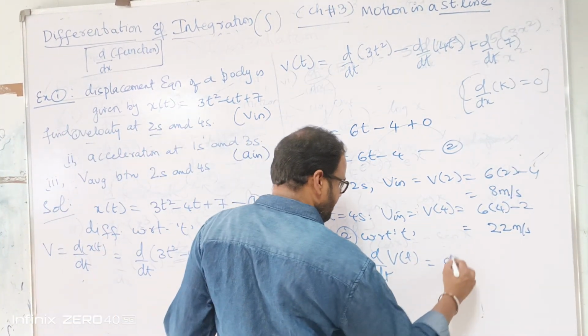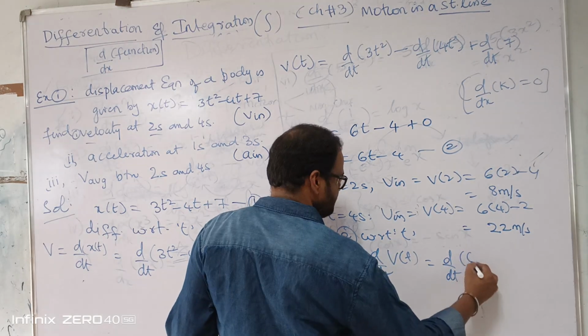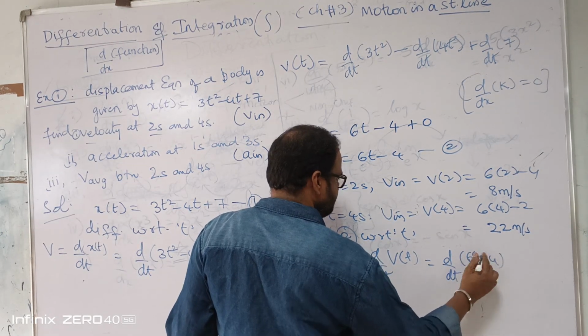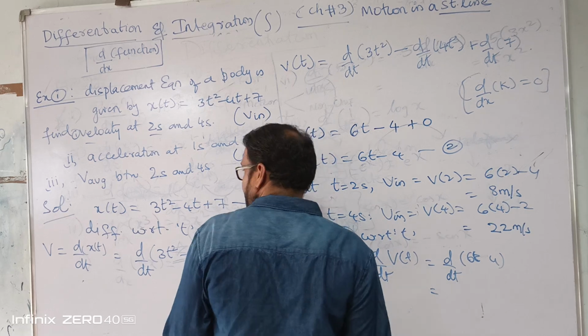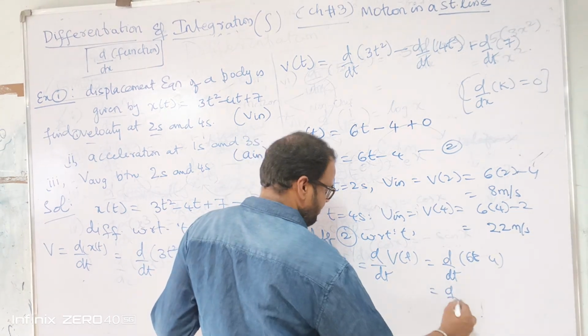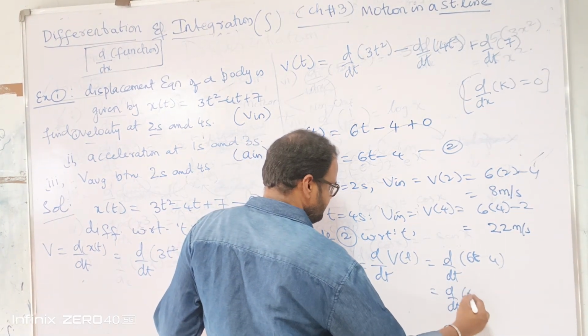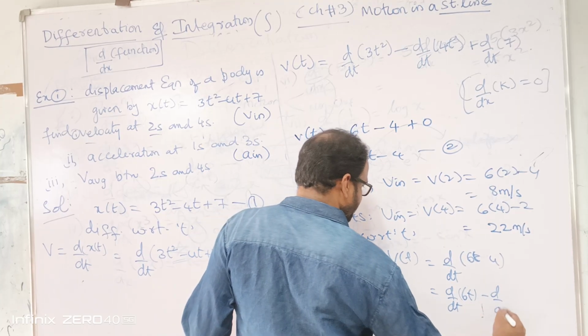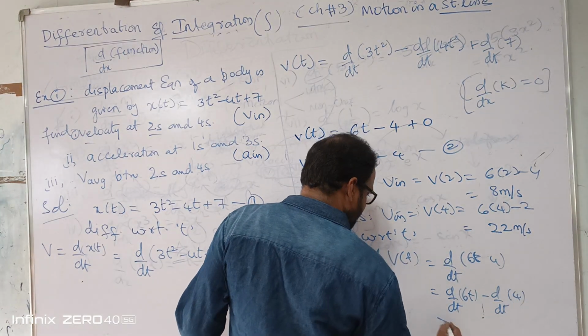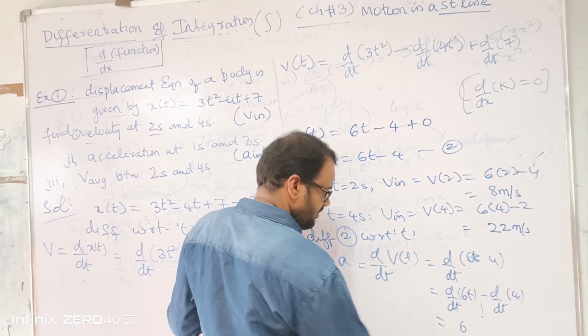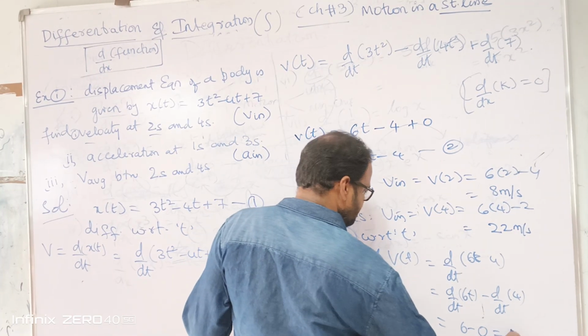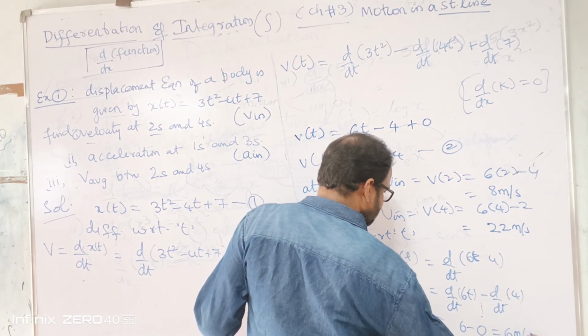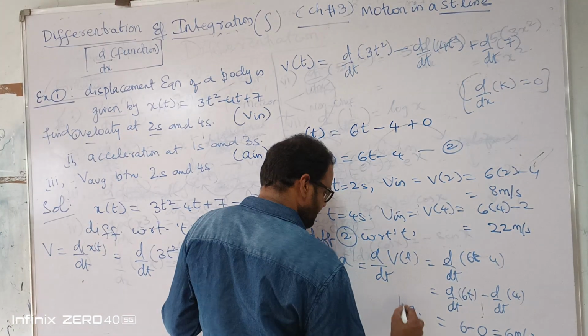Again I am writing d by dt of (6t minus 4). Let me separate the terms: d by dt of 6t minus d by dt of 4. d by dt of 6t is 6, minus d by dt of 4 is 0. The unit of acceleration is meters per second squared, and it is 6.